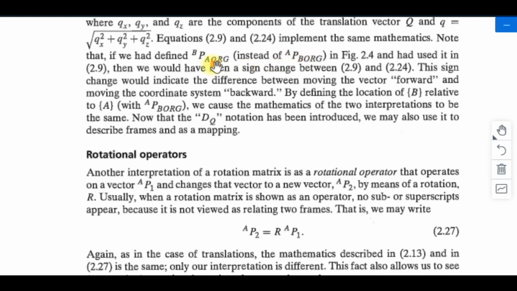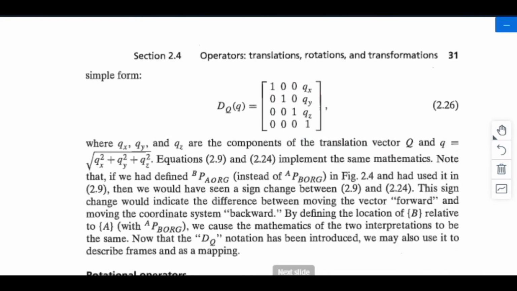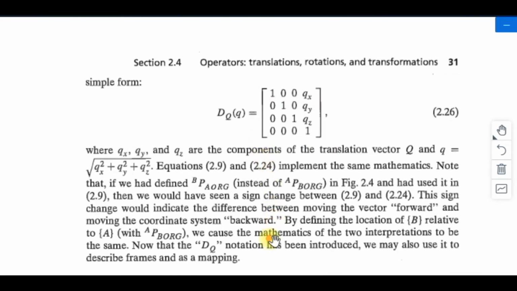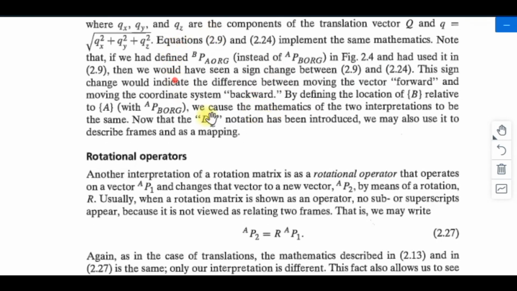Here B is desired, A is given. So the one operation, the translation operation, is over.